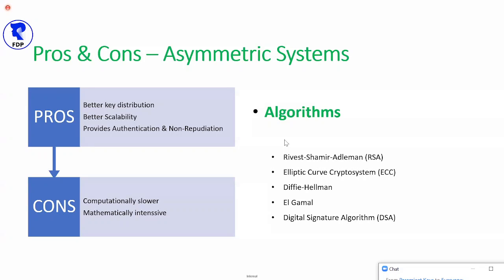All right. Cons include that computationally it is slower compared to symmetric key cryptography, and mathematically intensive. That is understandable because of the complexity involved. There are several algorithms. RSA, Rivest, Shamir and Adleman together wrote a paper, and it is used very widely. And there is the elliptic curve cryptosystem, or cryptography, which is very popular these days, and it can provide similar security with a lesser key size.